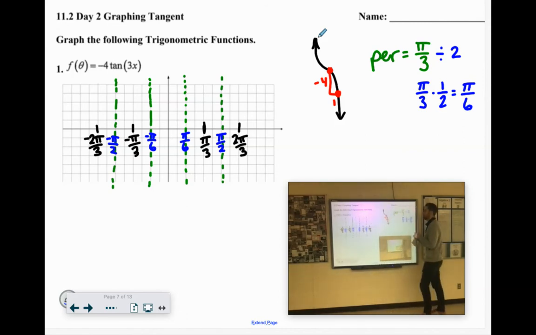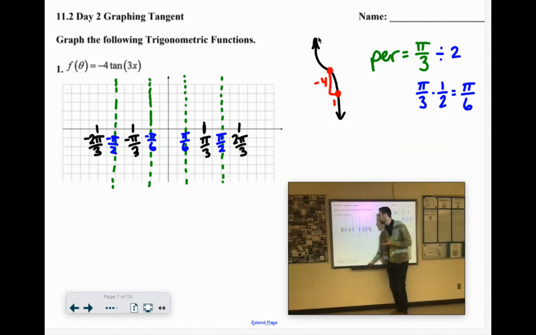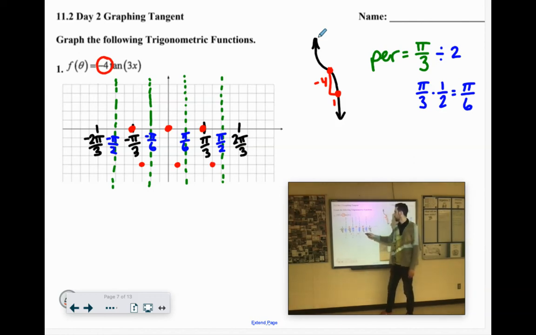Okay, now we're going to have a dot right in the center of these. And over here. And then remember, typically it's up 1 and to the right 1, but now we have this -4. So that's going to be down 4 and right 1. So down 1, 2, 3, 4 to the right 1, down 4 to the right 1, down 4 to the right 1.